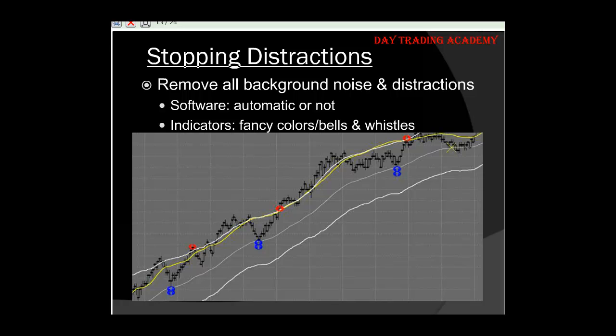In order to day trade, and I've learned this in the 10 years that I've been trading, you have to be in tune with the market that you're trading. You have to be connected to it. And switching markets and trading with software and indicators, you can never get in tune with the market. So remove the software, remove the fancy colors, the bells and whistles, and then you're going to pay attention to what counts, which is the live market, because that's the only thing we can count on, because that's the only thing that's live.